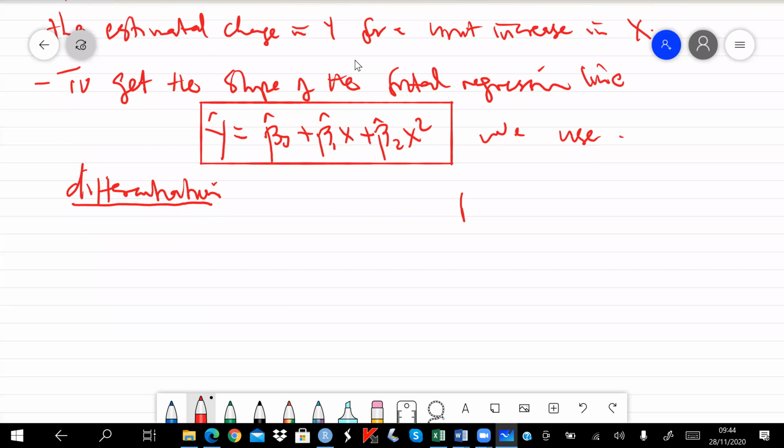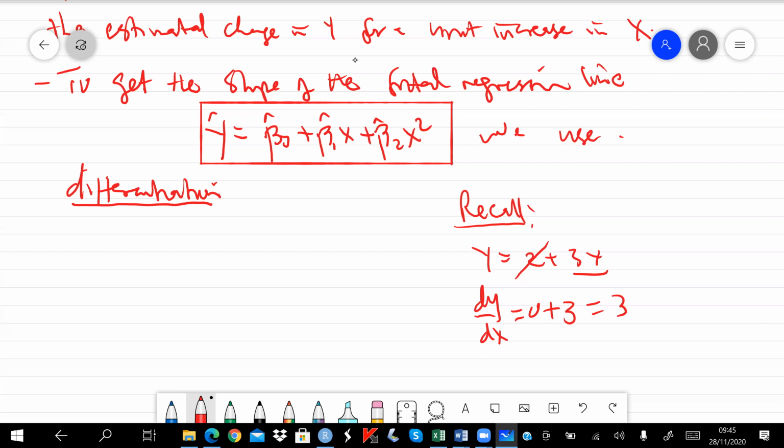And how do we do that? Remember, differentiation is a concept that I think you have come across many times. For instance, if y is equal to 2 plus 3x, then the derivative dy/dx is equal to the derivative of a constant, which is 0, plus the derivative of 3x, which is 3.